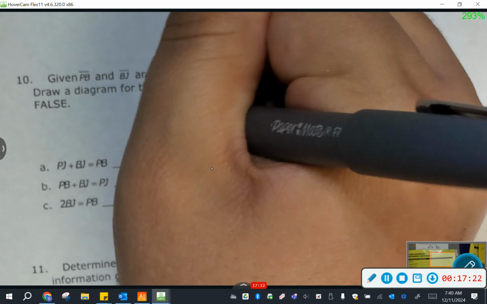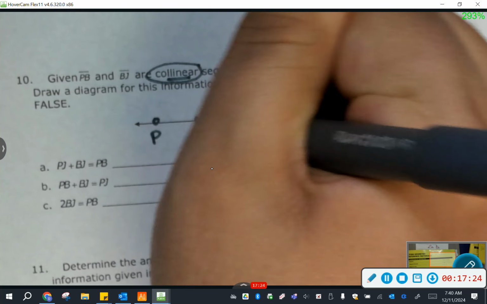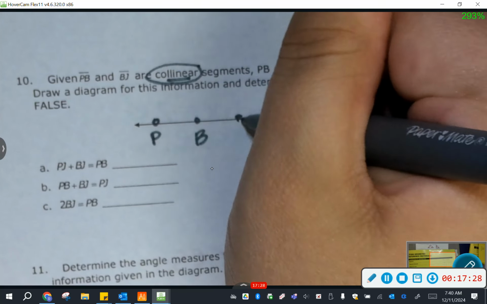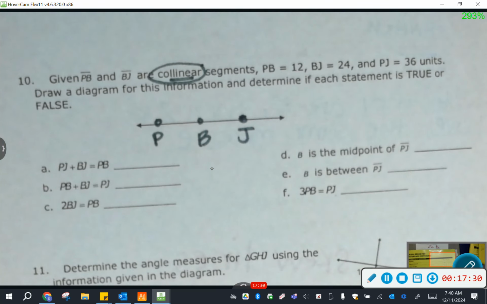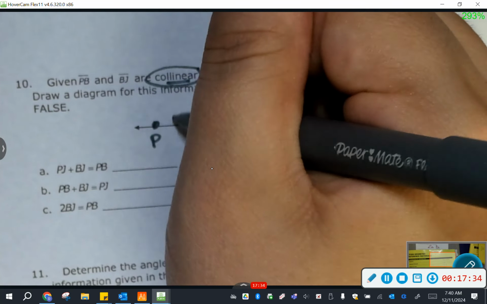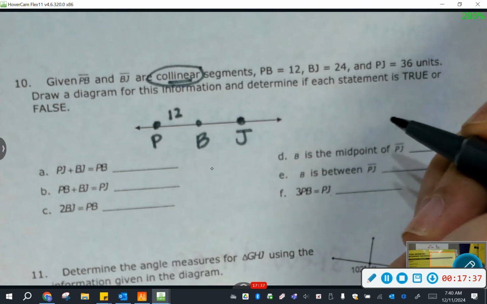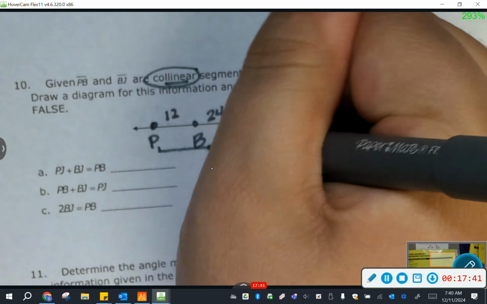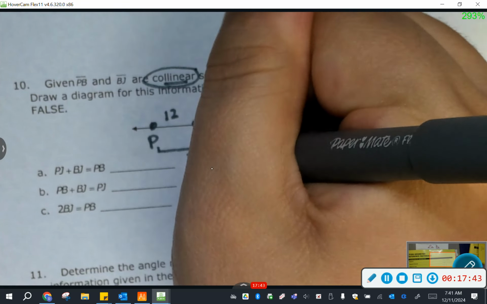So I'm going to write P, B, and J collinear. They're all on the same line. PB is 12, BJ is 24, and PJ is 36.